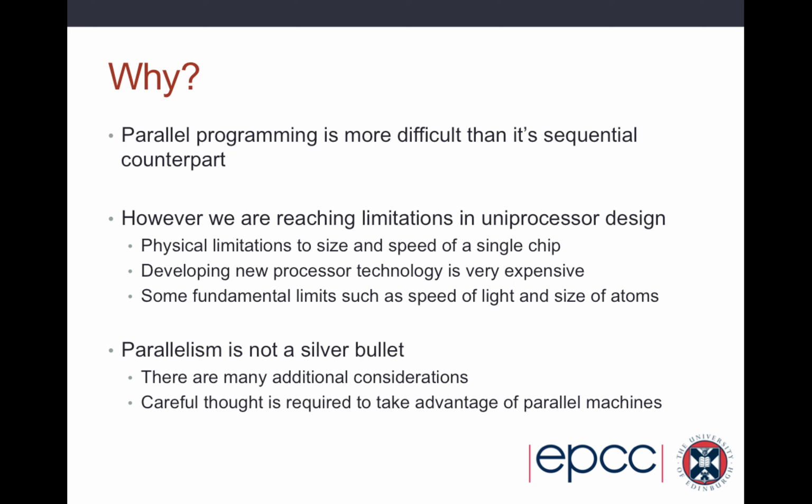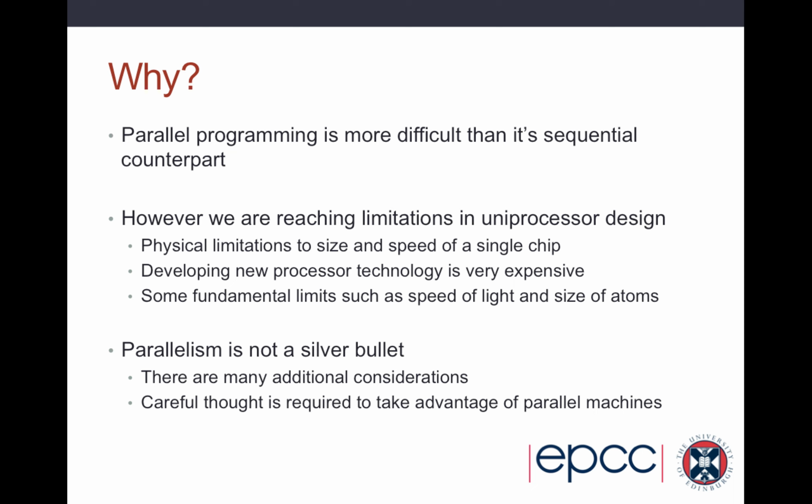So the way to try and improve performance without just making a faster and faster processor core is to use more of them and split the work up between multiple cores, and hence parallel programming. But it's not simple. It's not a silver bullet.